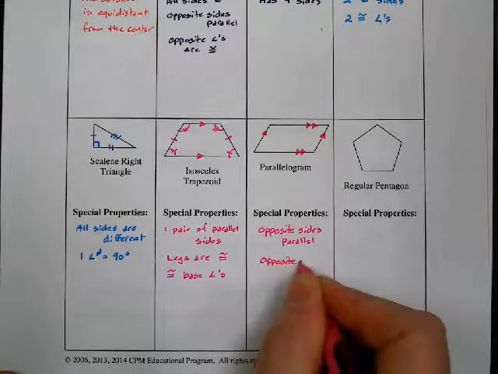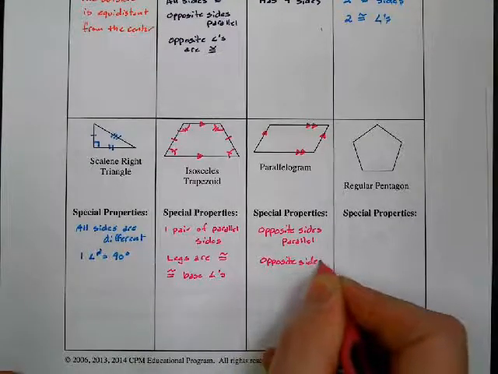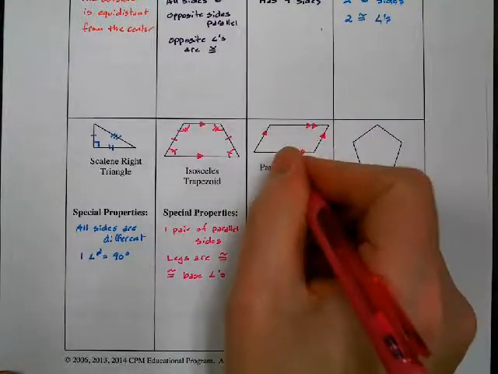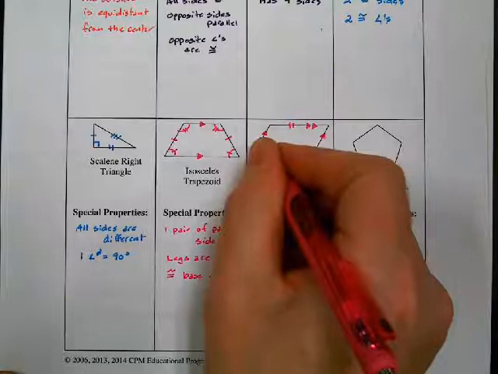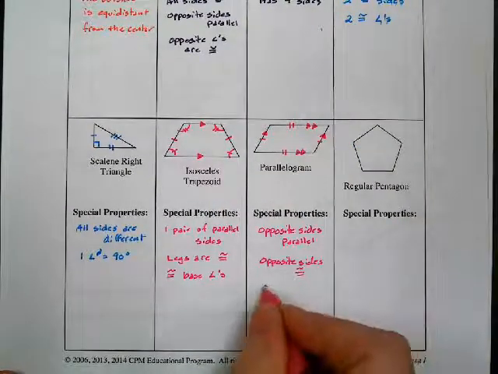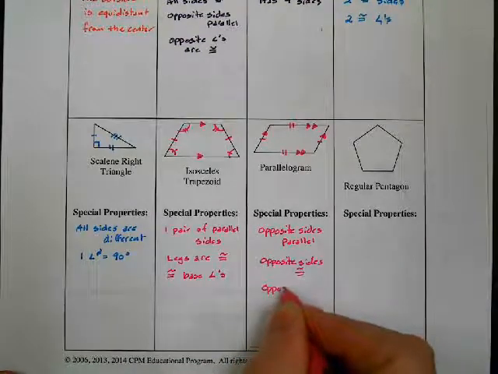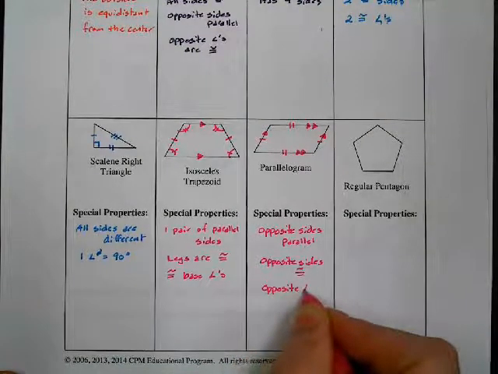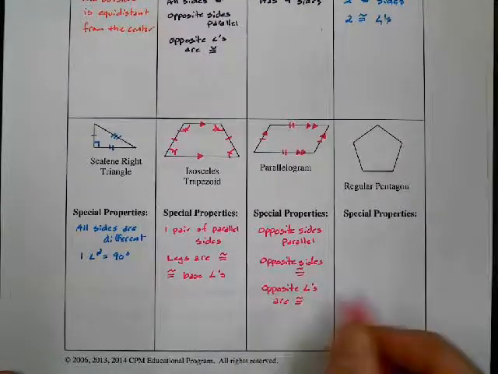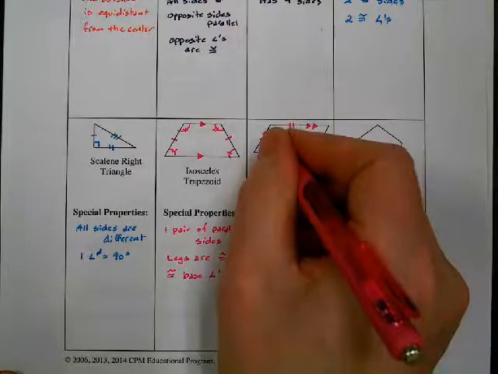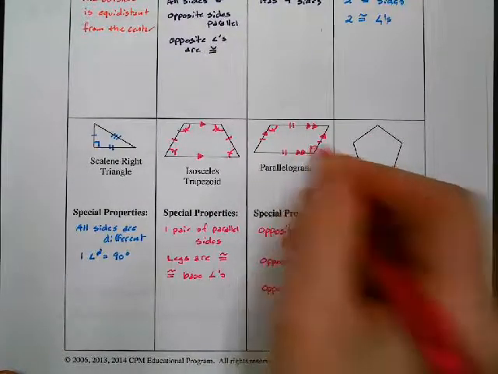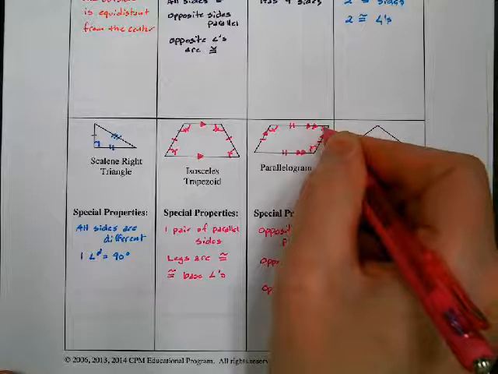So this side here is congruent to this side, and this side here is congruent to this side, and the opposite angles are congruent. So this one here and this one here are the same, and then this angle here and this angle here are the same. That's a lot. All right, last one.